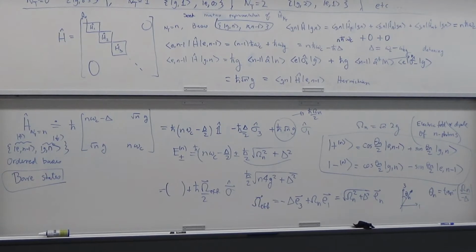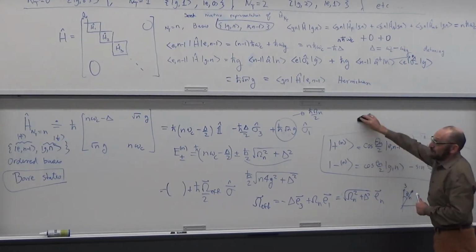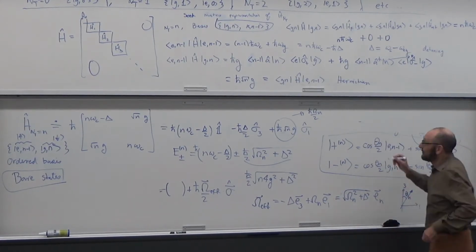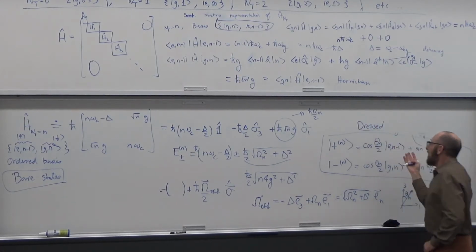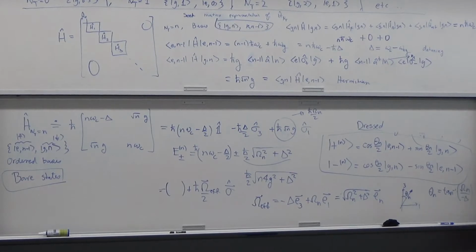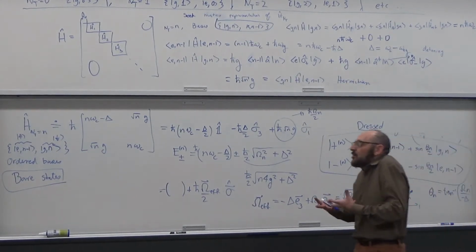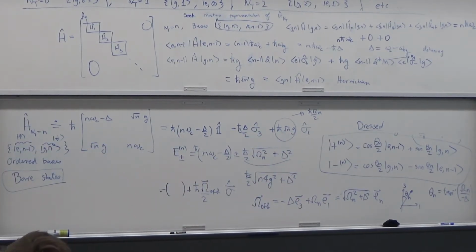So these, my friends, are what we call the dressed states. They are now atoms and photons dressed together. Sometimes this is known as a polariton, a kind of quasi-particle of the field and atoms together.